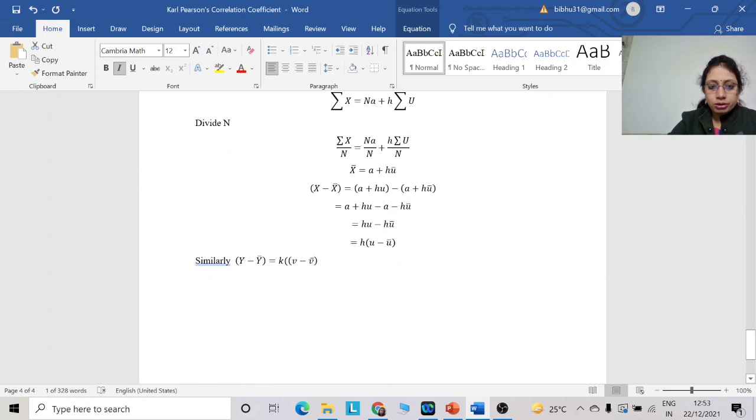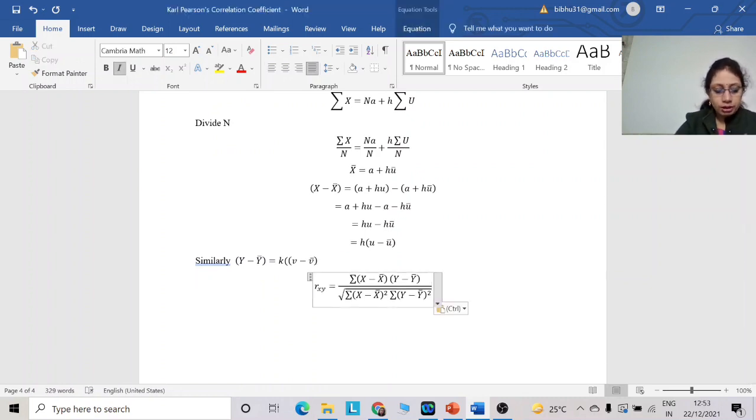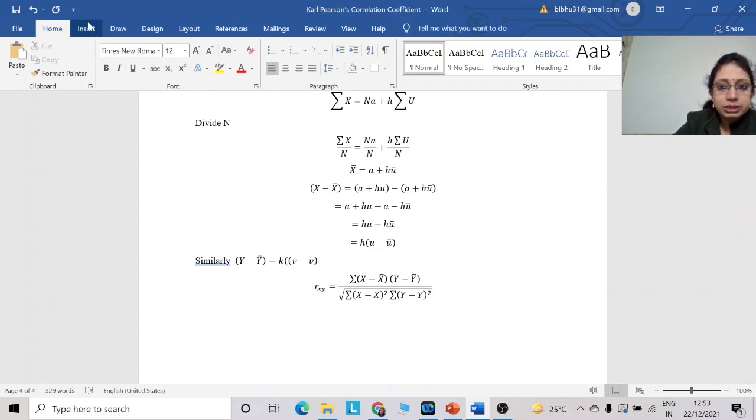So the first formula we have to rewrite here. Now what we will do, we will replace this value. Instead of x minus x bar, what value we have got? Instead of y minus y bar, we have to replace this value. Okay. Now put all those values here.